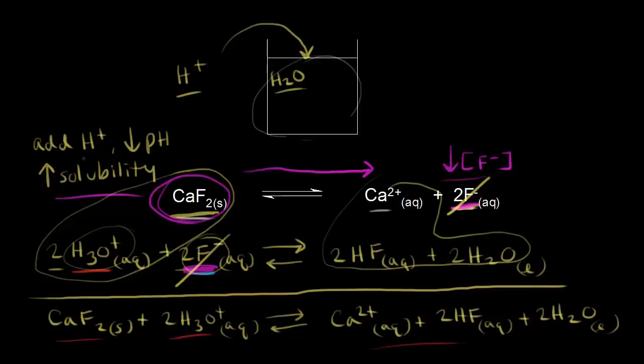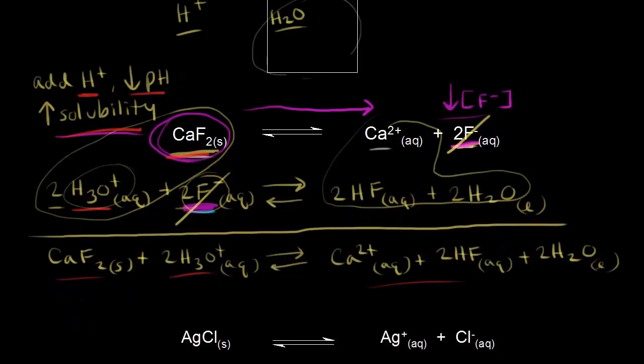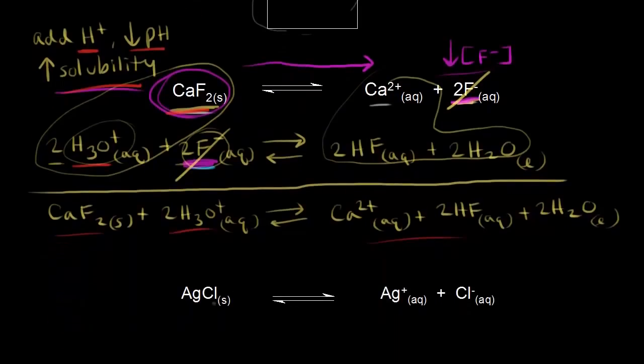So adding protons, adding acid, or decreasing the pH increases the solubility of this slightly soluble compound, but this isn't always true. It depends on what compound you're talking about. For example, for silver chloride, this is another slightly soluble compound, but adding acid does not affect the solubility of silver chloride.